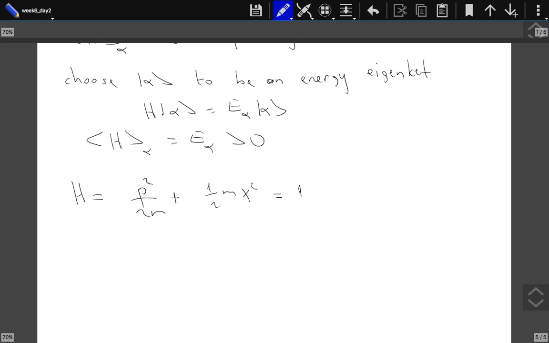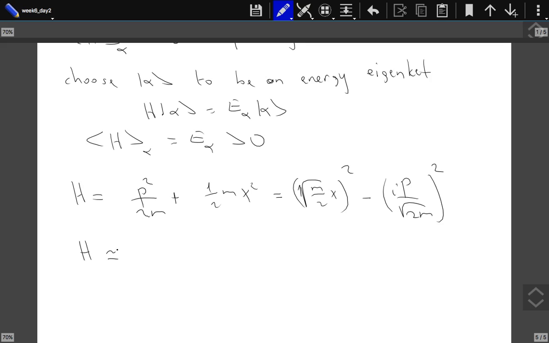Let me write it in this form. Square root of m over 2 x squared minus i times p over square root of 2m, squared. Well, i squared brings me another minus sign. Well, that also looks nice.